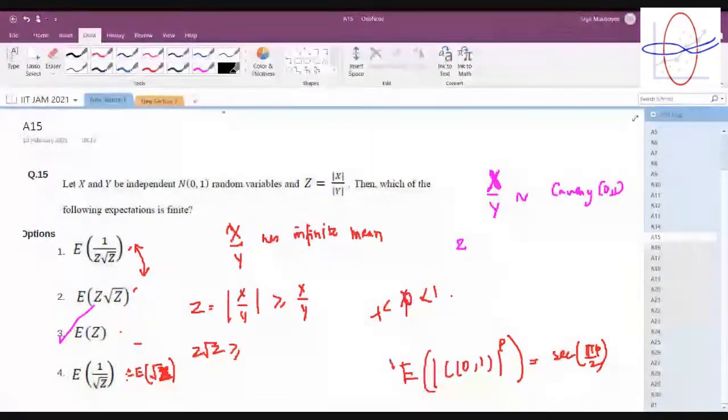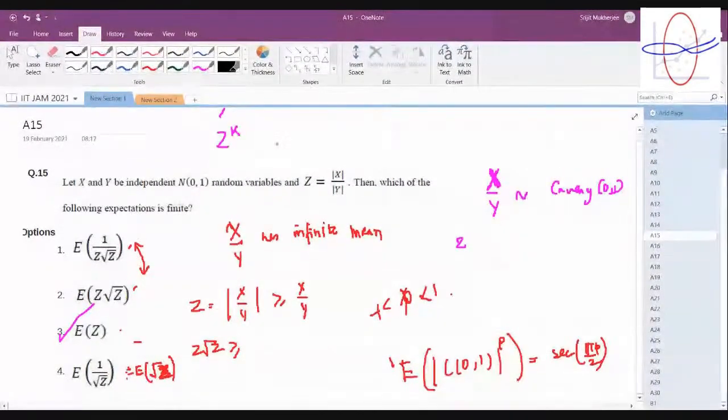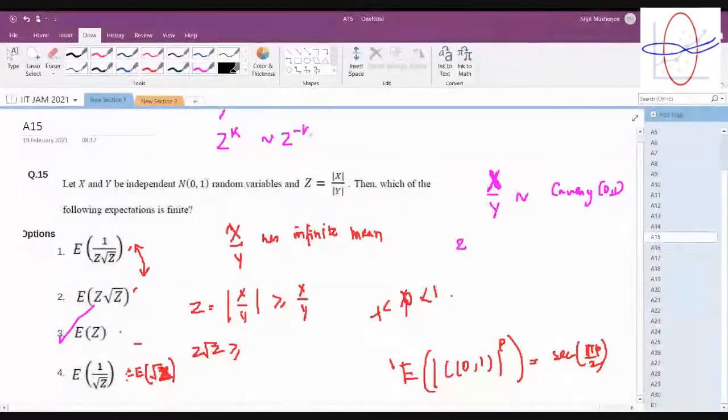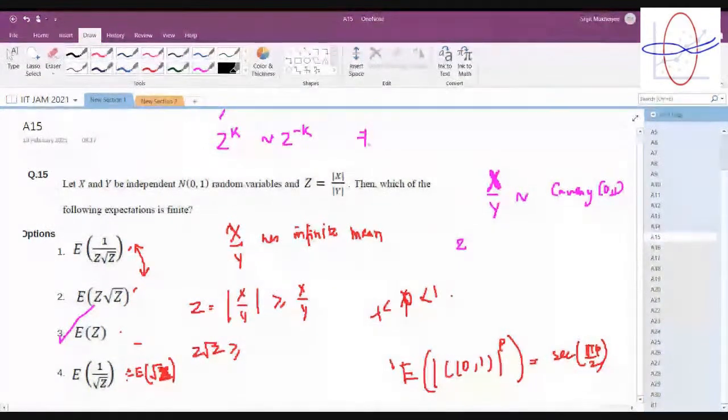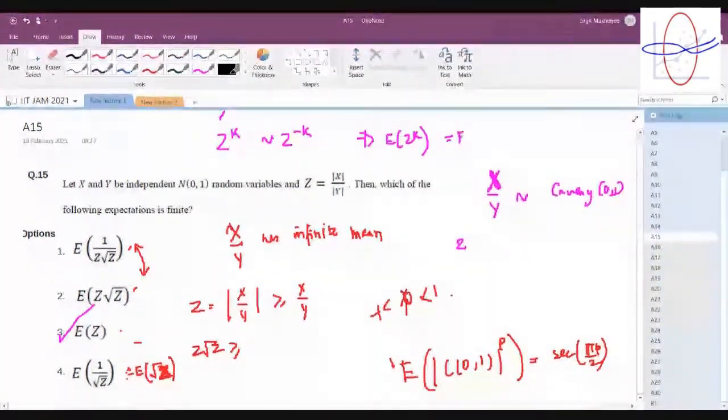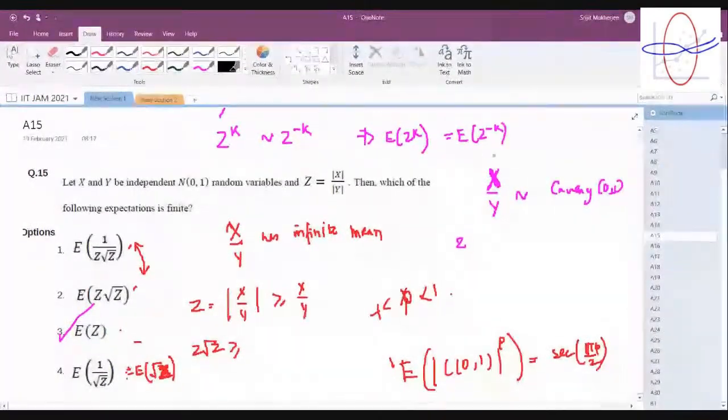So 1 by Z to the power k follows Z to the power minus k. The distribution is the same, so the expectation will also be the same: the expectation of Z to the power k is the same as the expectation of Z to the power minus k. I'm just telling you a key to solving MCQ problems.